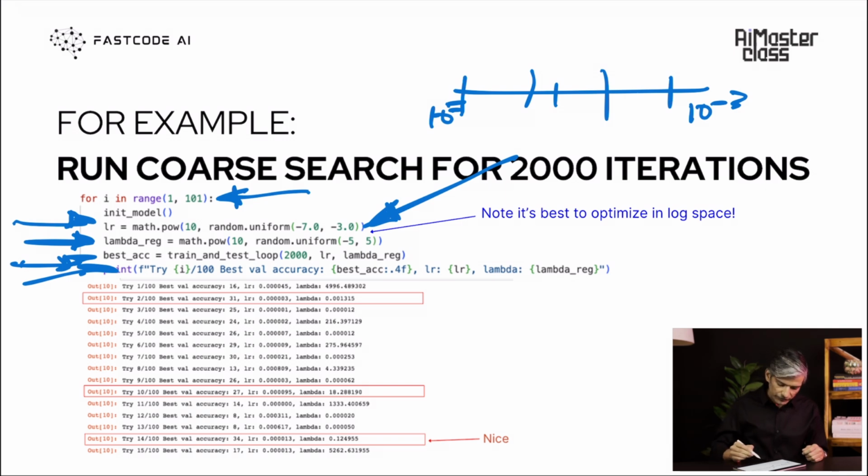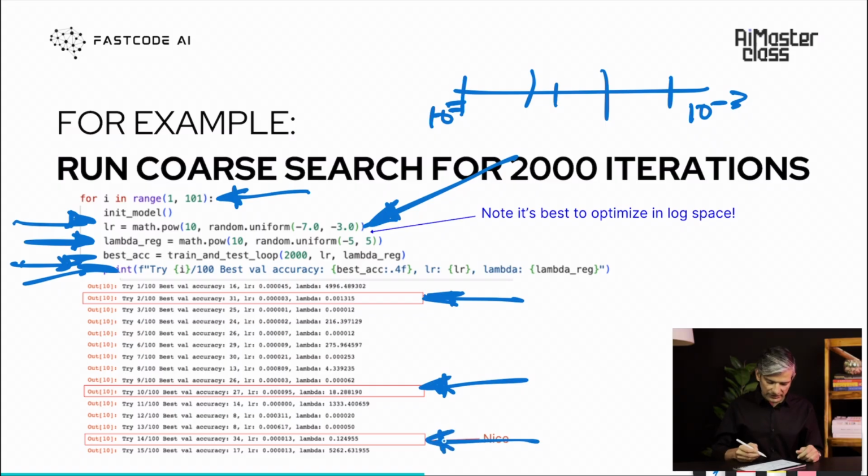We have run it many times, and we see that there are some choices of these hyperparameters, some values of the knobs that we have turned, that give us some decent accuracy numbers.